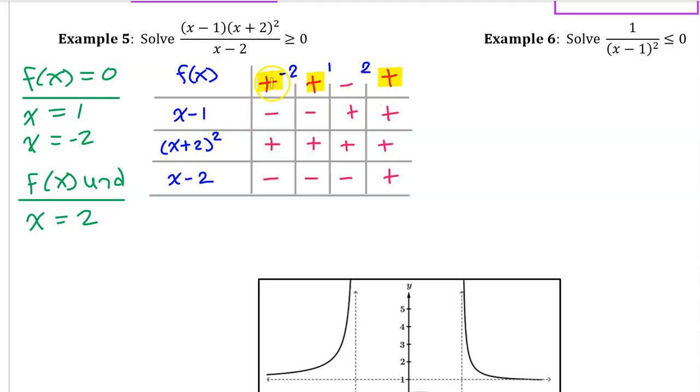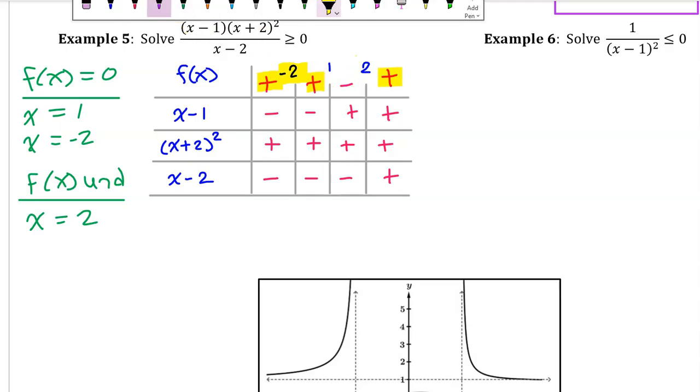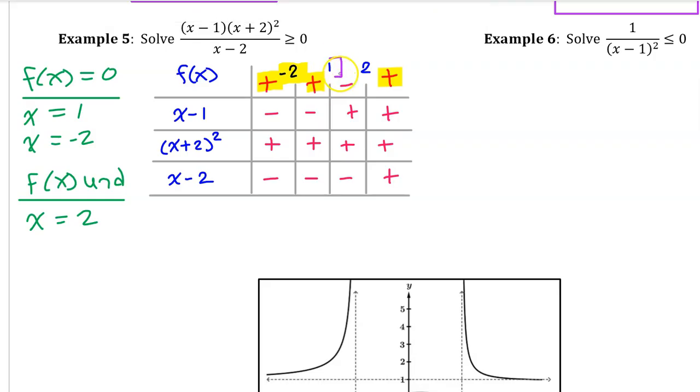So we won't actually need two separate intervals for this first interval and the second interval because they are both positive, and because of the or equal to, we are also including the endpoint. This is really just one big interval, including the negative 2. In fact, because the endpoints are included, for this endpoint right here where the 1 is, we're going to use a bracket on this to show that this endpoint is included.